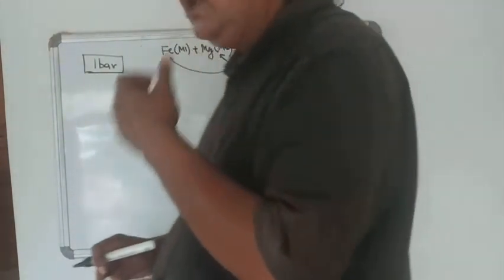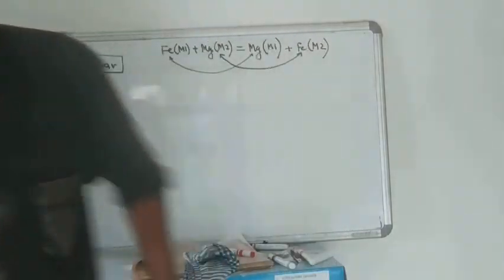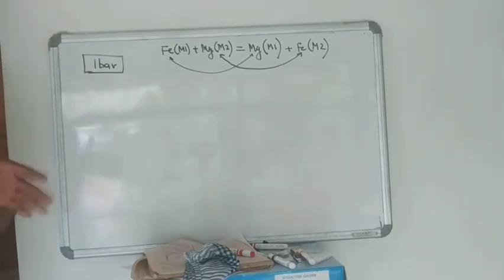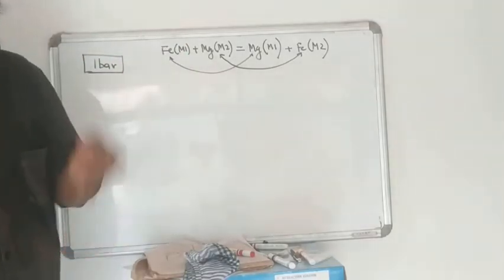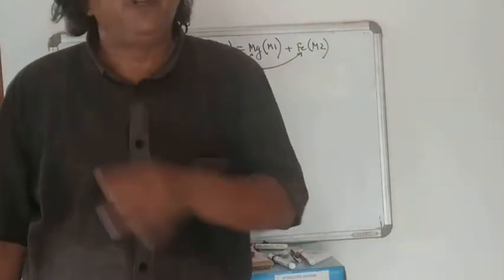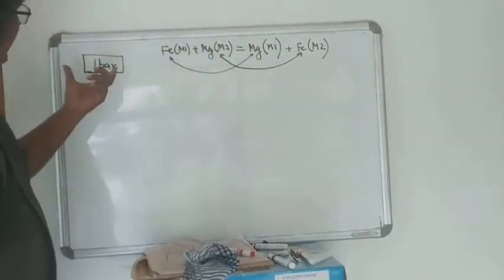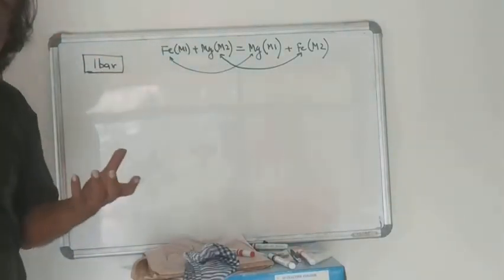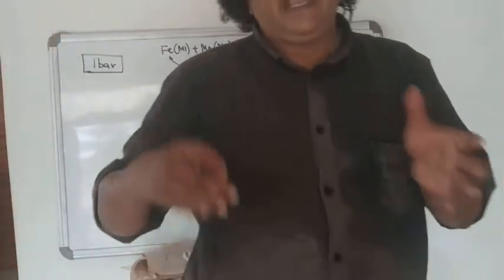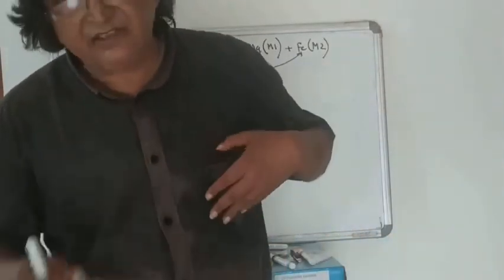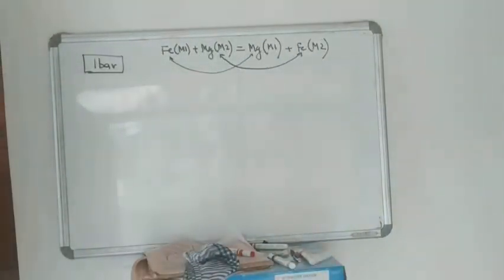So you can see we can neglect the effect of P into delta V for the simple reason the pressure is very low and that term is not going to contribute significantly to anything. So we will not take in the P delta V term when we are dealing with exchange reaction, simply because it adds nothing additional to the thermodynamics of exchange.